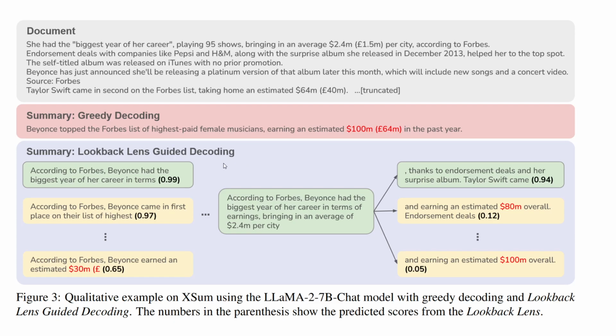While if you use their decoding, you can see that first it picks up this chunk: According to Forbes, Beyonce had the biggest year of her career in terms of. You can see that at the start, it had these two which had sufficiently high scores, but this had the highest score, so the decoding method will pick this.